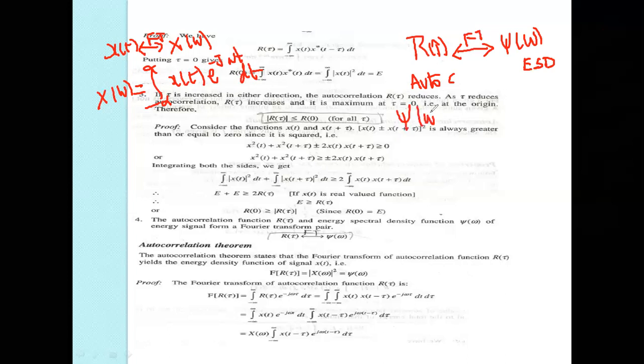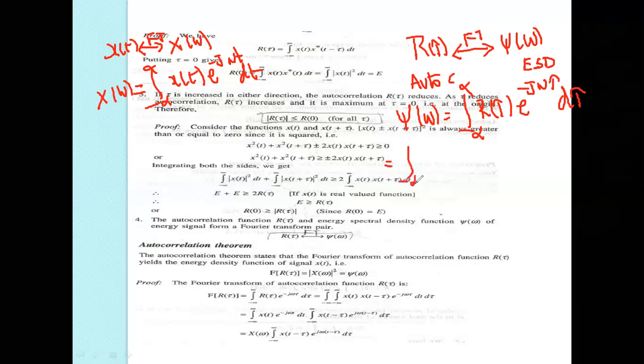So psi of omega, the energy spectral density, is equal to the integral from minus infinity to infinity of R of tau, as the x of t signal, e power minus j omega tau d tau. Take t as tau here, and here also tau; with respect to tau only we can apply. Replace all the t variables here with the tau variable. What is R of tau?